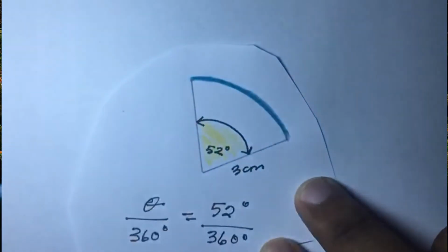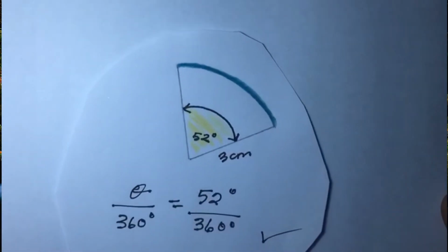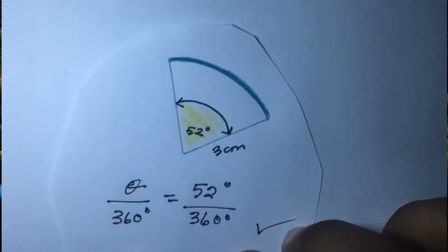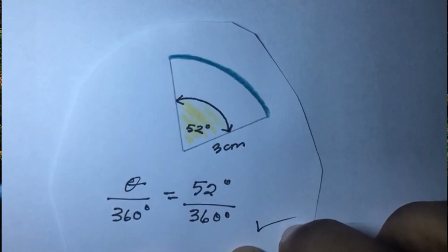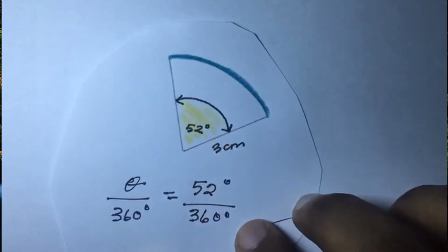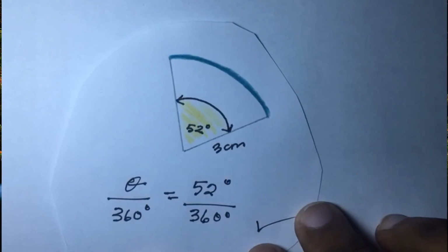It's just a little piece of the circumference we want, not the entire thing. The fraction of this circle that we're interested in is theta over 360, and theta is really just the angle. So the angle is 52 degrees out of 360 degrees.